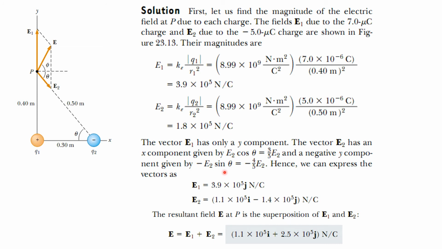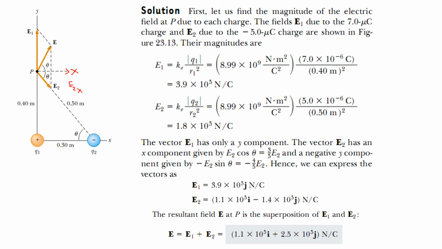Then the vector electric field due to charge 1 is oriented along the y-axis, which means that it has only a y component, while the vector electric field E2 is in the xy plane, which means that it has two components. It has an x component.